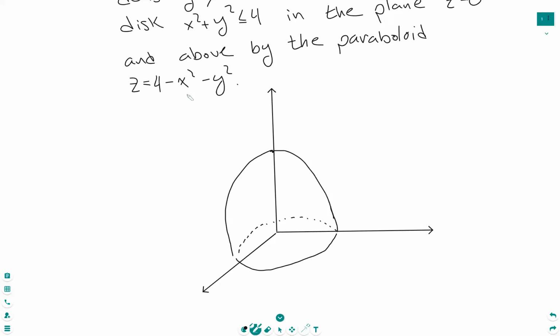If you plug in z equals 0, you get x squared plus y squared equals 4, which is the outer perimeter of this disk. But we're also including everything inside this face. So we create this volume here, maybe it looks kind of like a bullet. I'm going to call this region on the z equals 0 plane R, and this is z equals 4 minus x squared minus y squared.